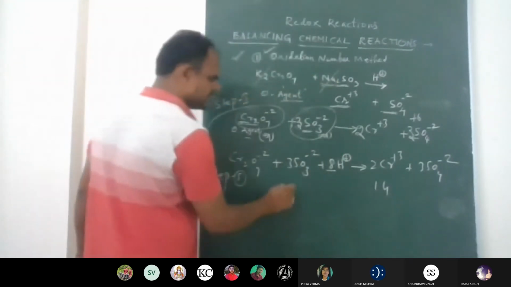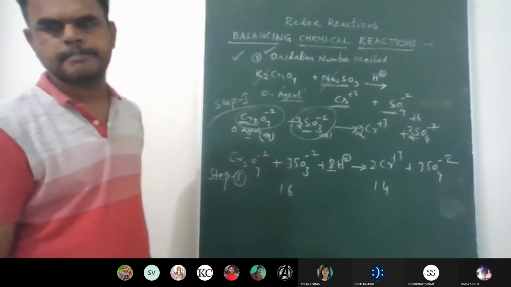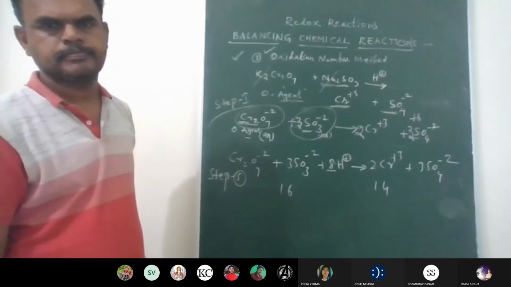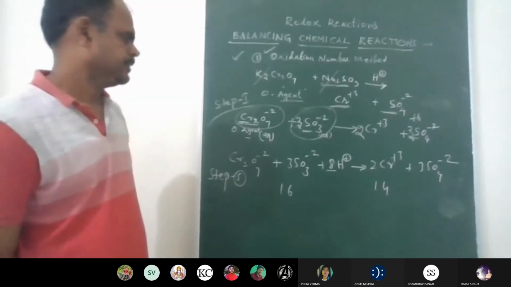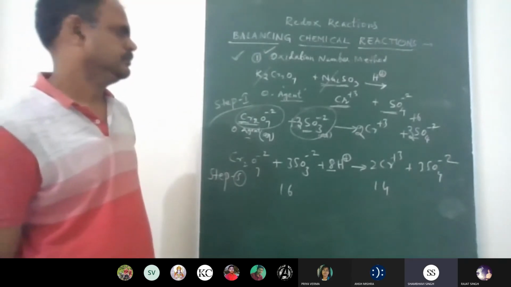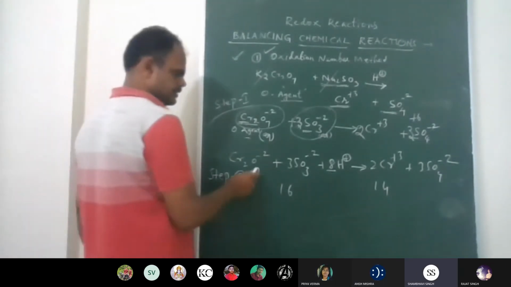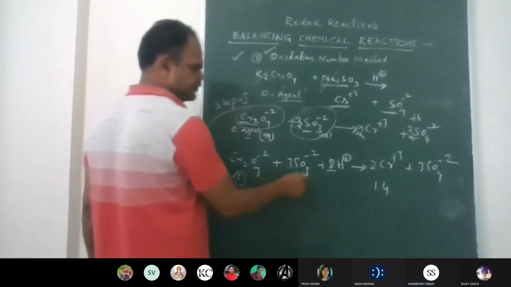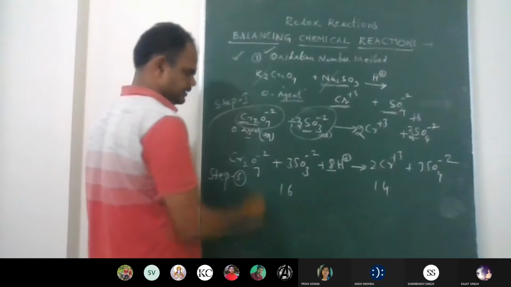So, this side 14 are present, this side 16 are present, oxygen atoms, no? Everybody counting. The right side it is 12. Here 7, no? 7 into 9, no? 7 plus 9, how many?